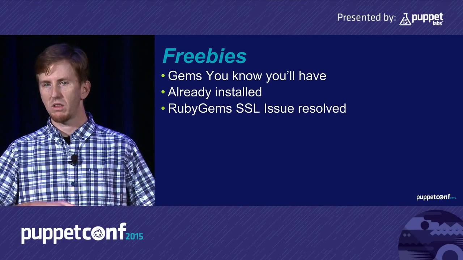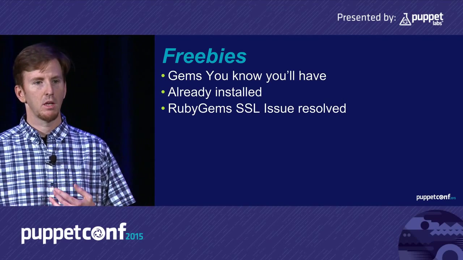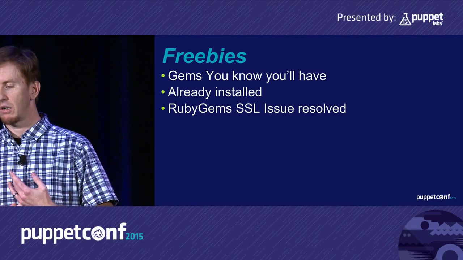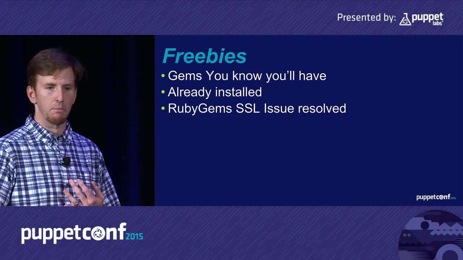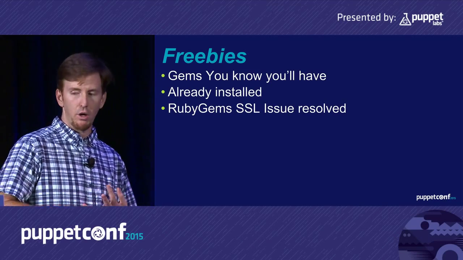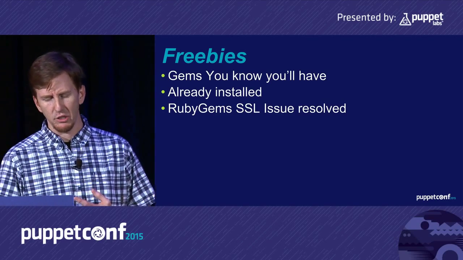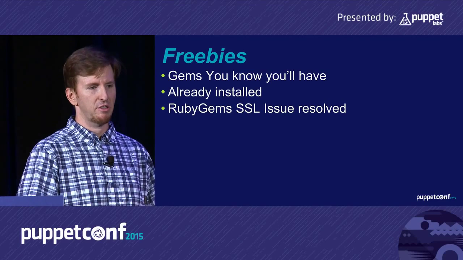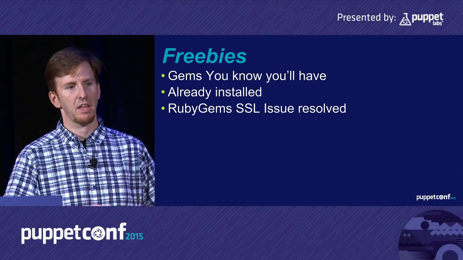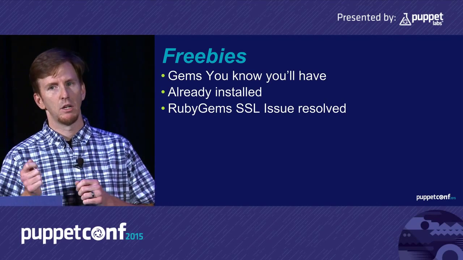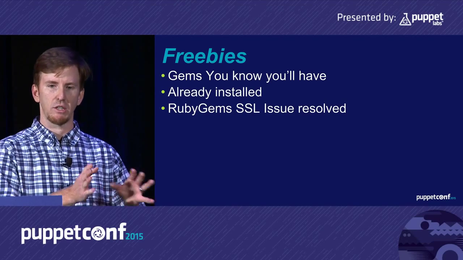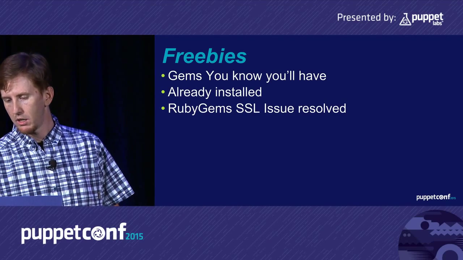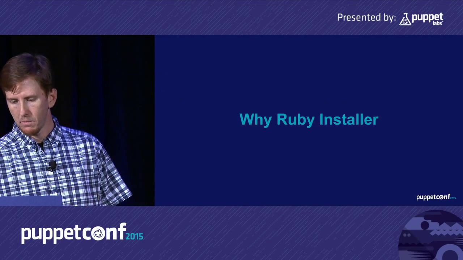And with the latest versions of Puppet, they've also fixed the SSL issue with installing gems. For those who don't know, there is an issue. You have to add a cert to your SSL certificate path in Ruby if you install it from Ruby installer for older versions like 2.0 and 1.9.3. And we'll cover a little bit of that.